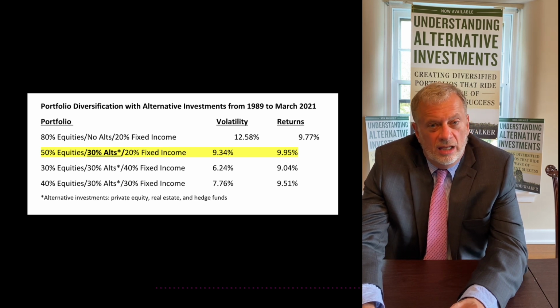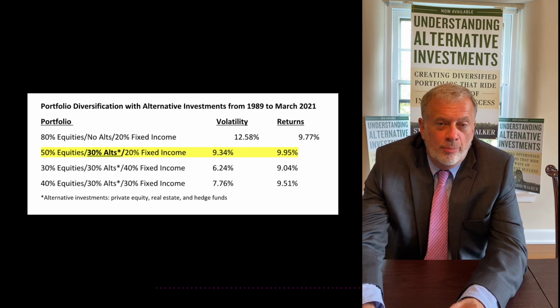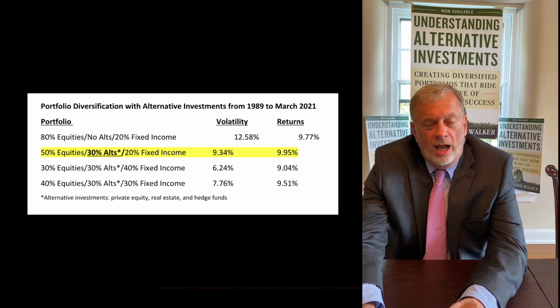The volatility over that same time period decreases from 12.58% all the way down to 9.34%.